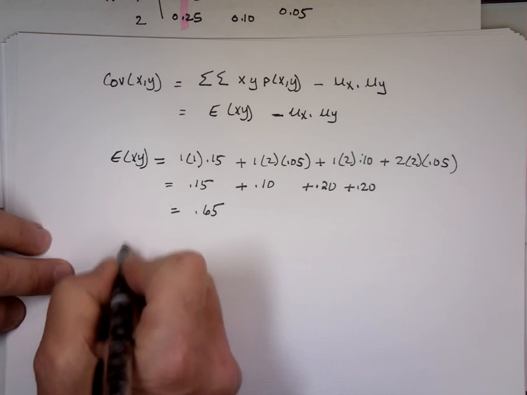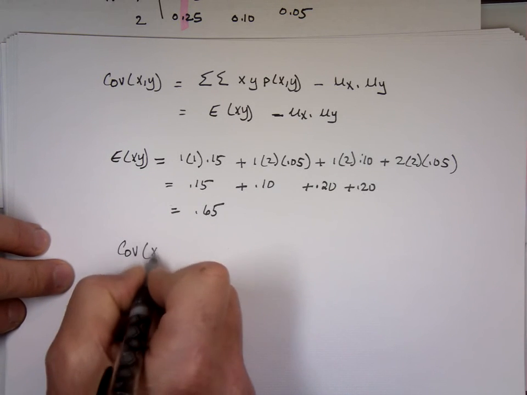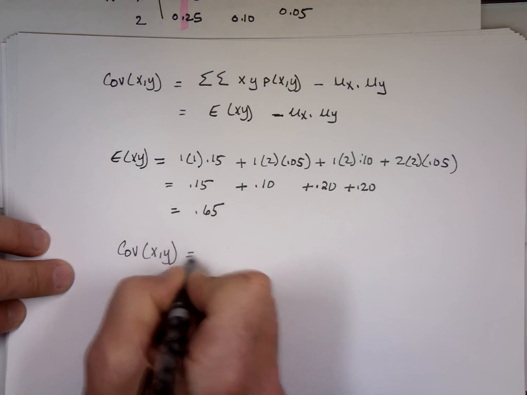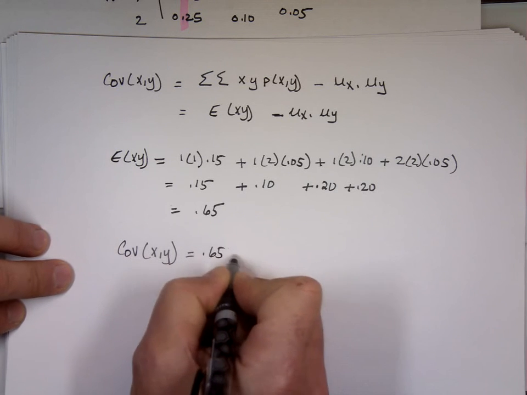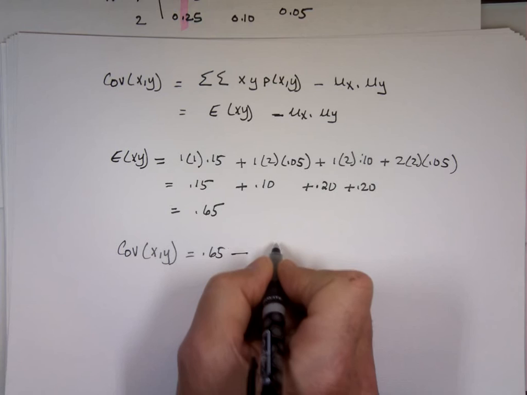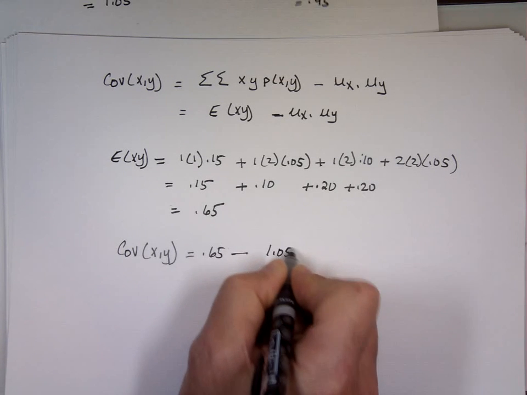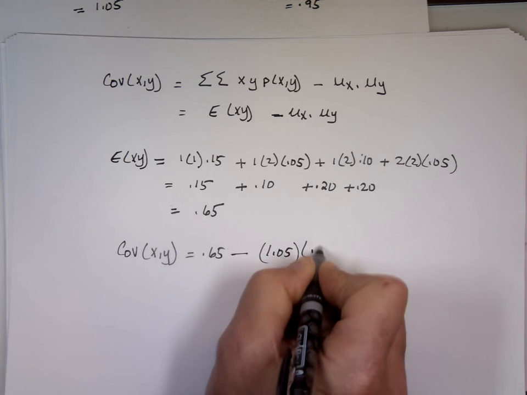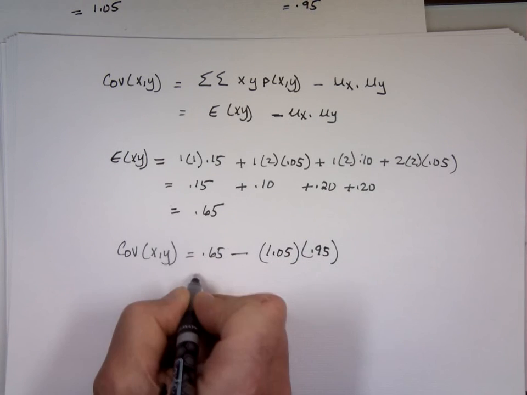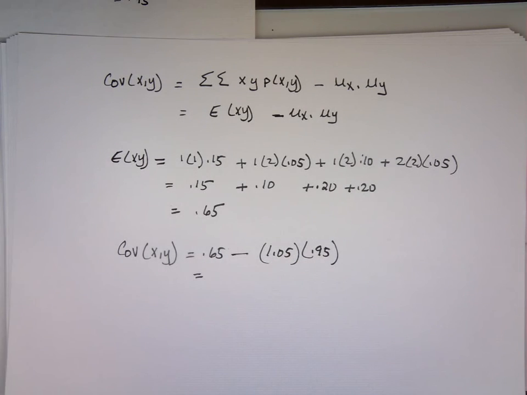So what is my covariance? It's going to be 0.65 minus mu x, which is 1.05, times 0.95. It's negative 0.3475.